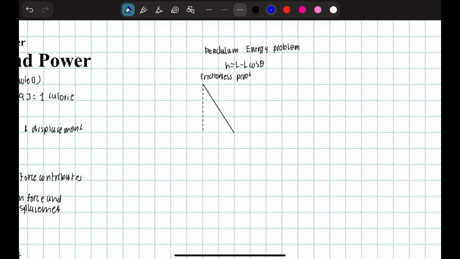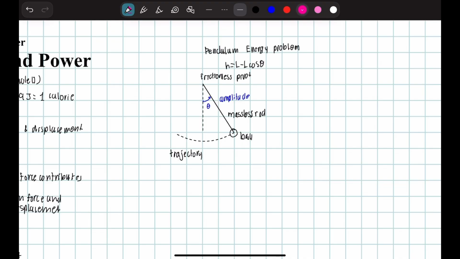This is the amplitude. This is the massless rod. It's negligible. And that's the ball. And then this is the trajectory. It's basically a curve like this. The ball just goes back and forth.